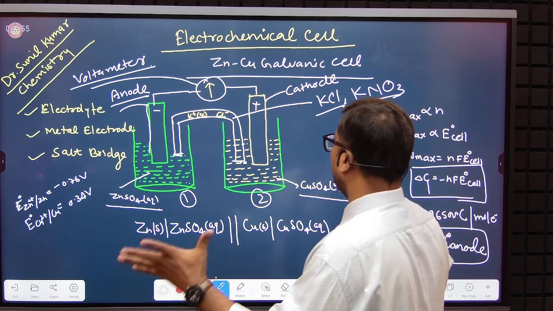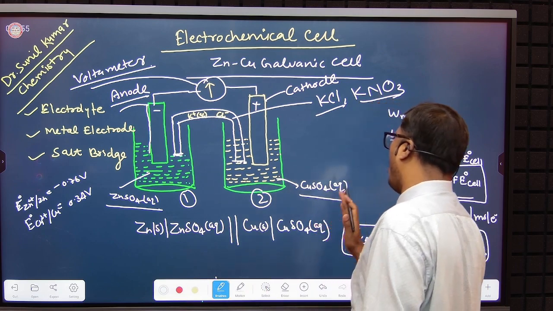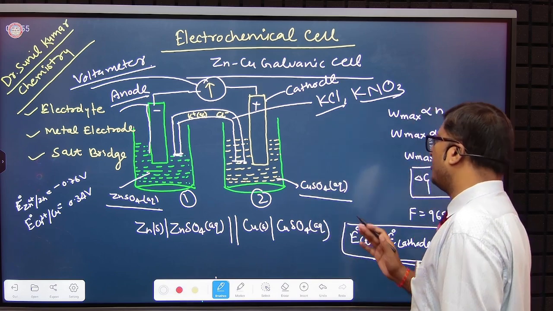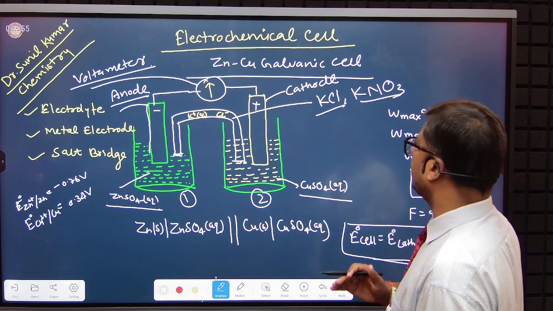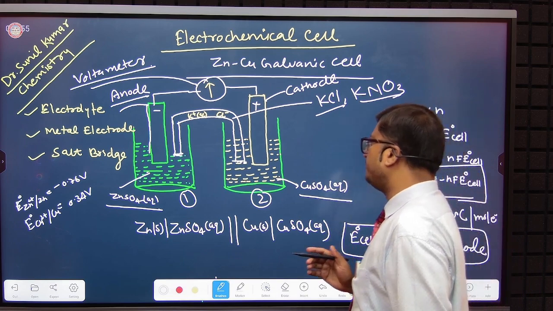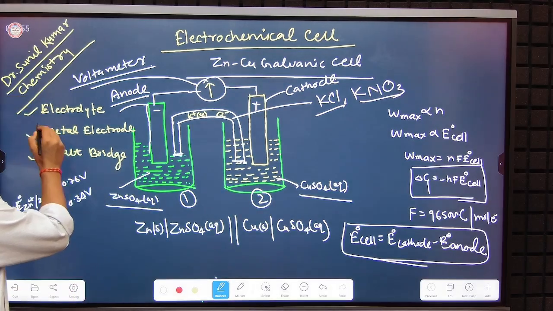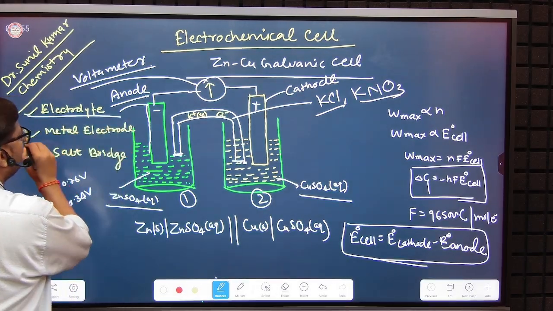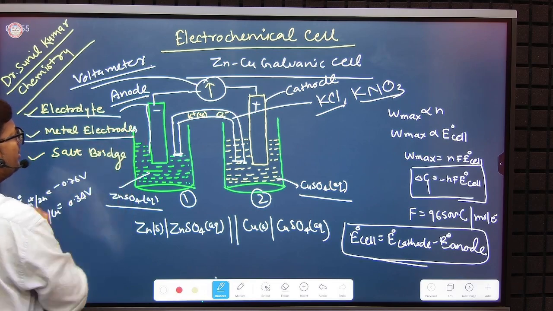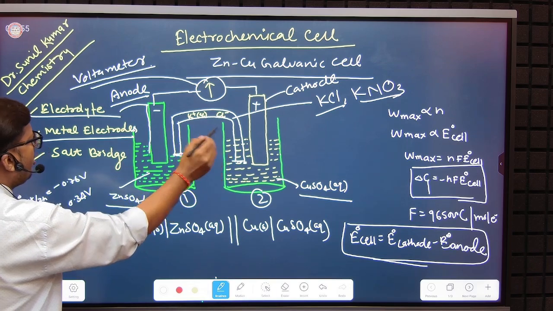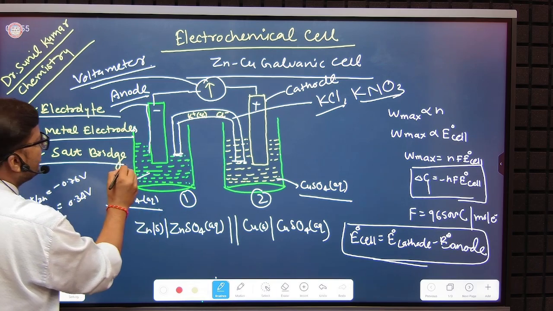Any redox reaction contains two half cell reactions, one oxidation reaction and another a reduction reaction. So here you have three components: the electrolyte, the metal electrodes, the first metal electrode zinc and the second metal electrode copper, and the third component, the salt bridge.